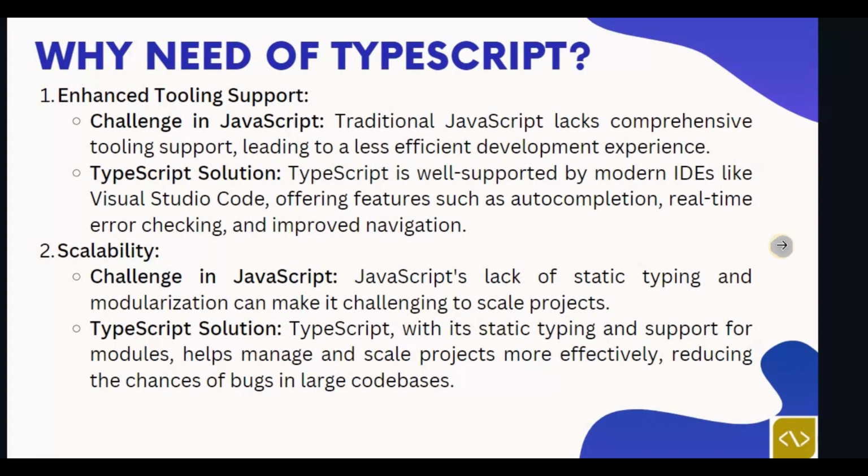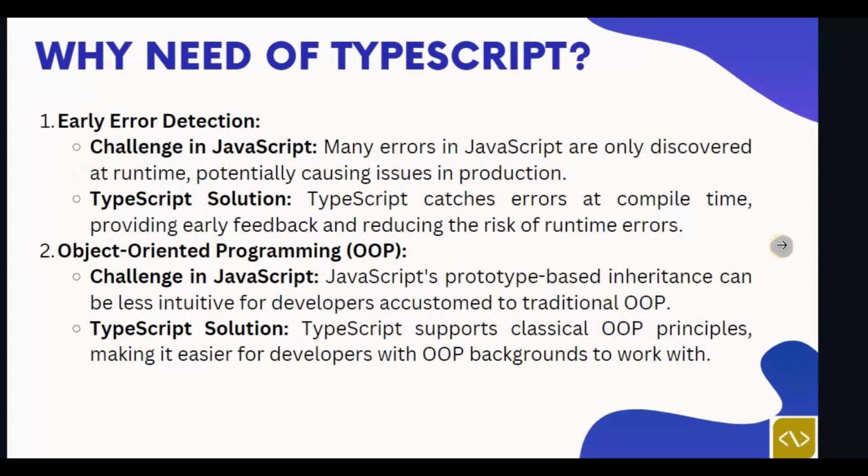TypeScript, with static typing and support for modules, helps manage and scale projects more efficiently, reducing the chance of bugs in large code bases. Early error detection: as we already discussed, if we use JavaScript, we might not be able to know any error while we are developing. But by using TypeScript, even while developing, we can know what errors we are making in our application.